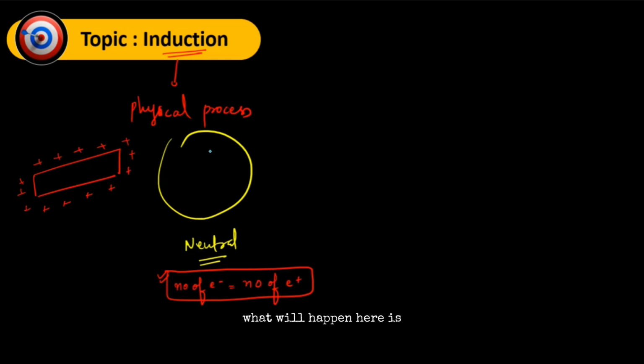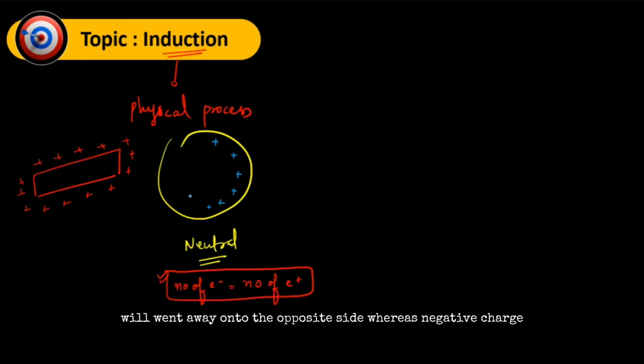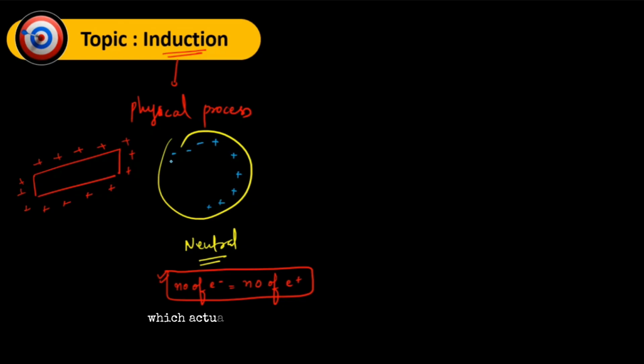I'm not talking about charging, I'm not talking about actually touching each other, just bringing it close. So this positive will repel positive charge. The positive charge that lies inside this neutral object will go away onto the opposite side, whereas negative charge, which attracts positive, will come close to it.